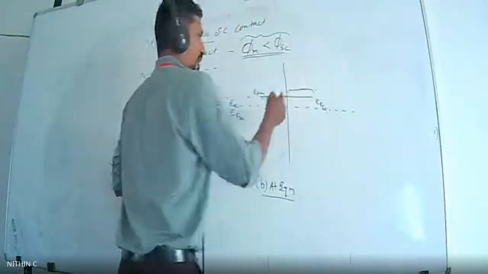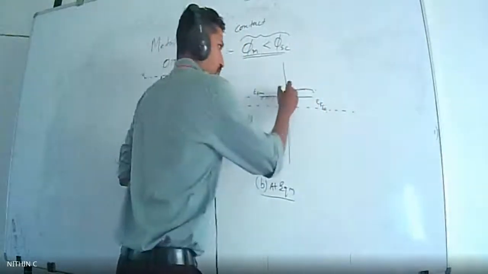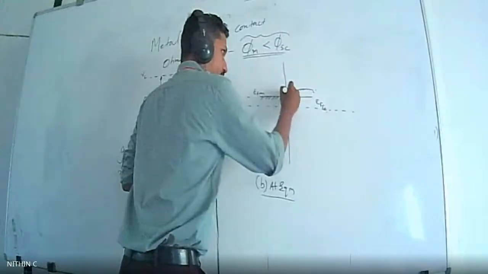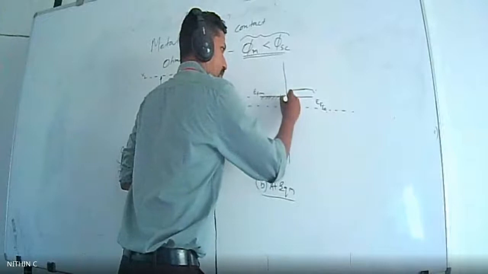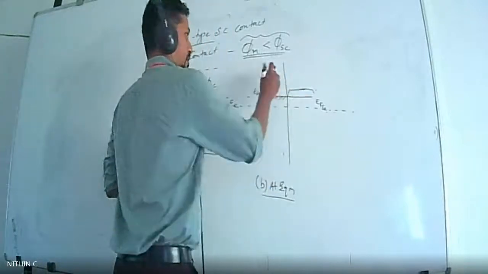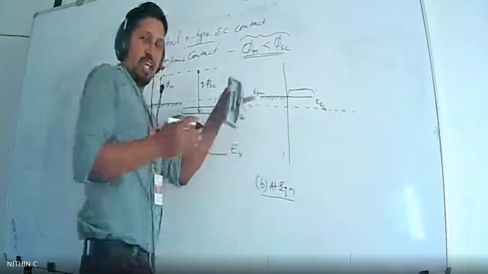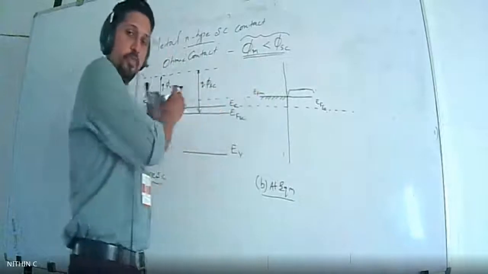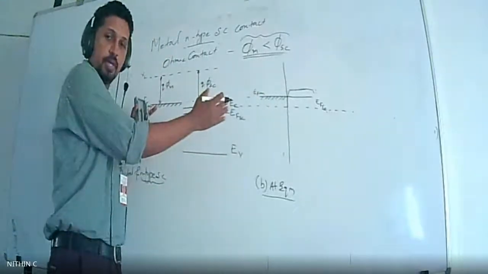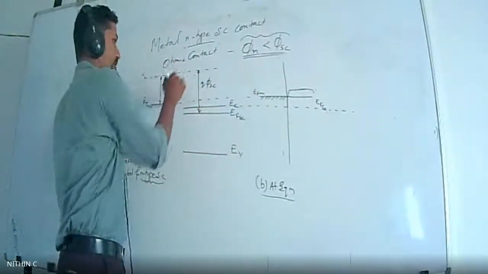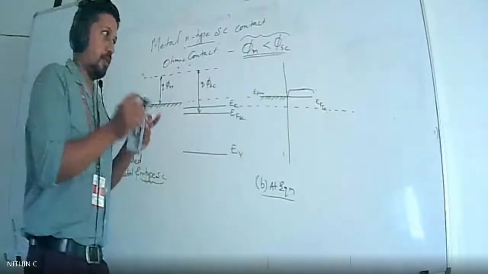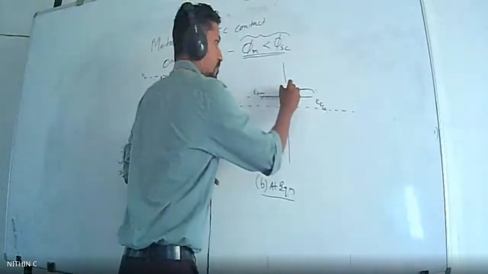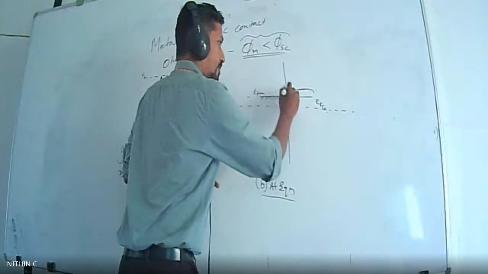You will not have any depletion layer, but towards the junction you will have a bending in this manner. Electrons are moving from left to right, so there will be a slight positive charge here and negative on this side. So you'll have a slight potential, and that's why we draw a very slight bending over here.